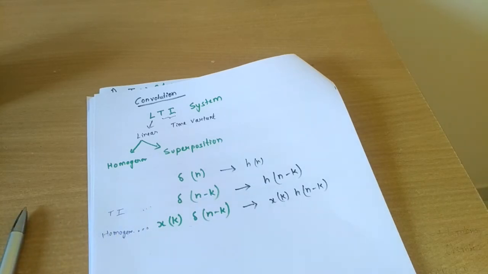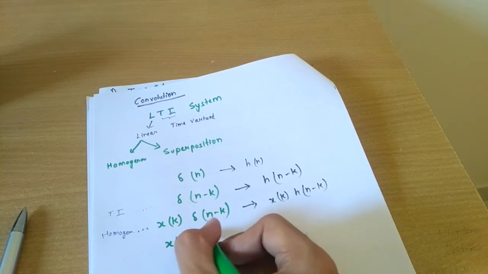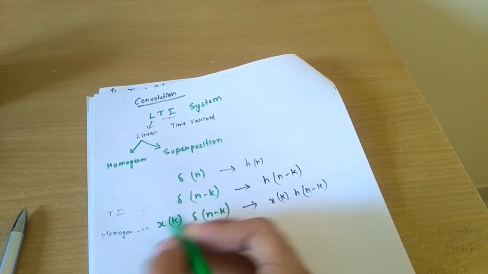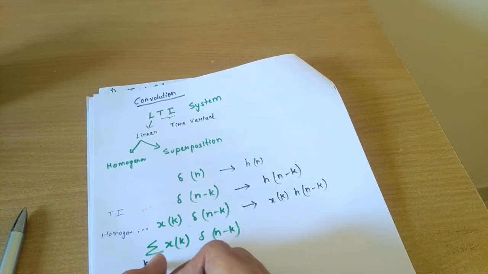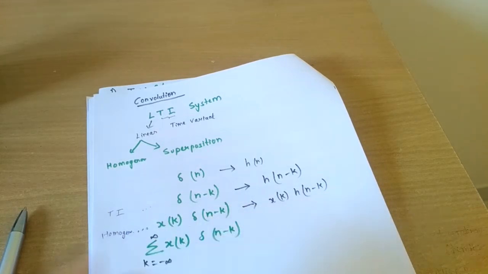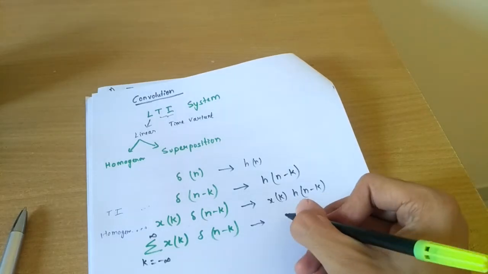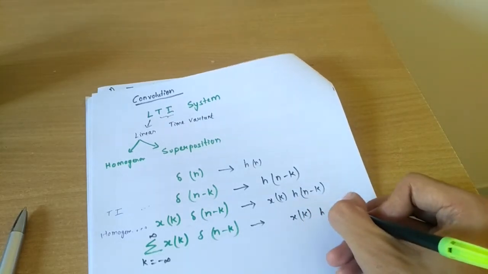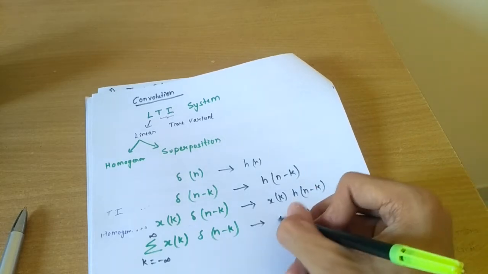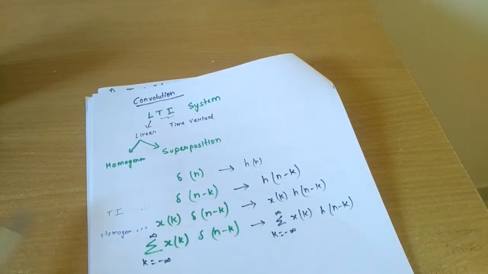So now applying all the samples, that is all the inputs, it means that we have summation from k equals minus infinity to plus infinity. So we are applying all the inputs. So what will be our output? Our output will be obviously the summation of all from k equals minus infinity to plus infinity, correct?